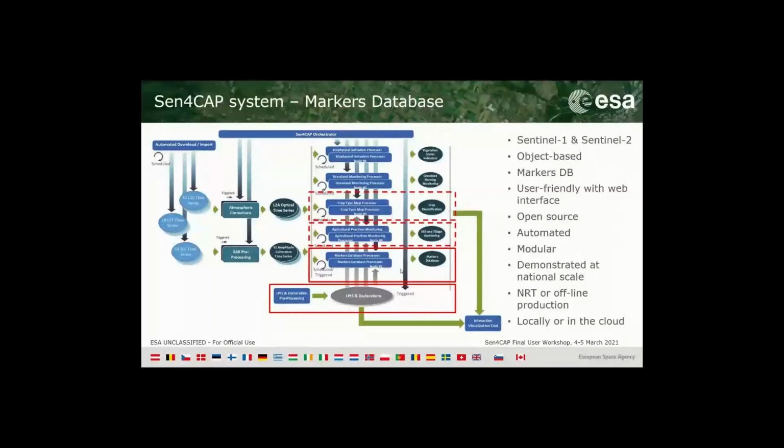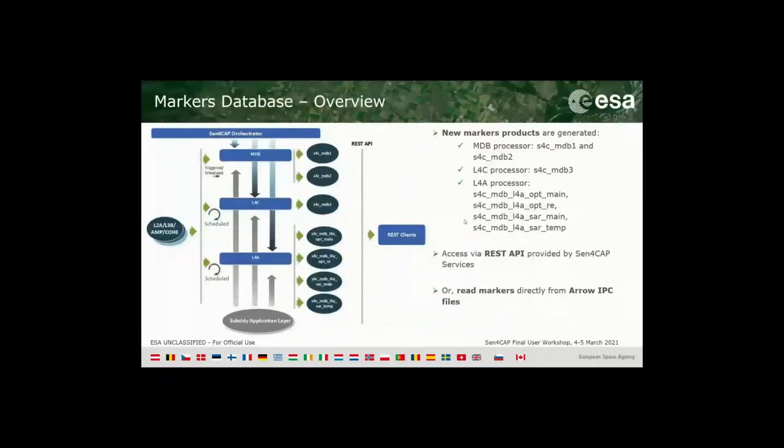So as I said before, a part of the markers are processed by the markers database processor, but others are processed by the crop type mapping processor and the agricultural practices monitoring processor. It's what we see here.